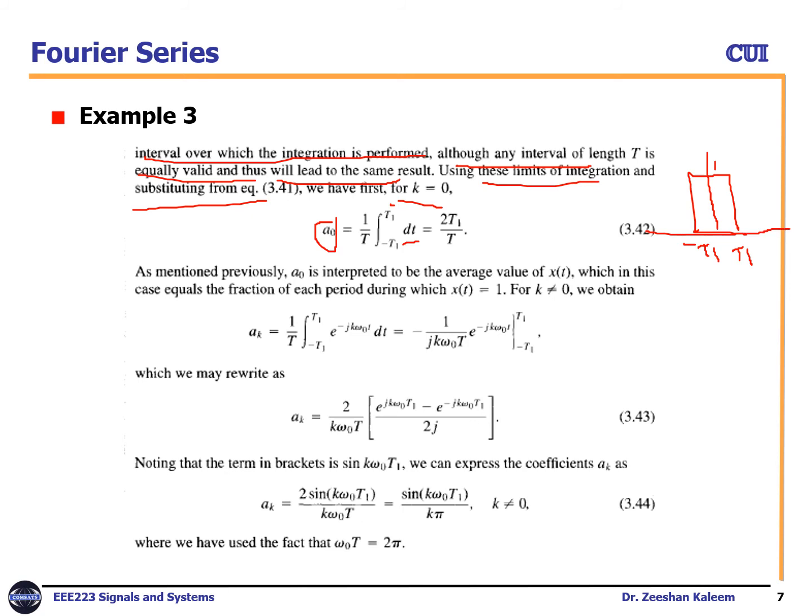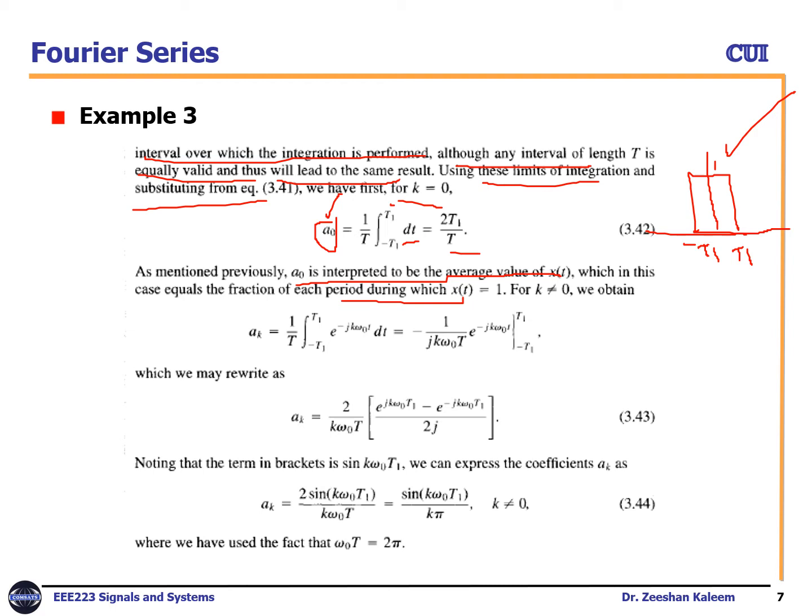So that's why we are evaluating between minus T1 to T1, and if you integrate you will get 2T1 over T. As mentioned previously, a0 is interpreted to be the average value of x(t). The a0 coefficient, k equals 0, is usually the average value of this waveform, which in this case equals the fraction of each period during which x(t) equals 1.